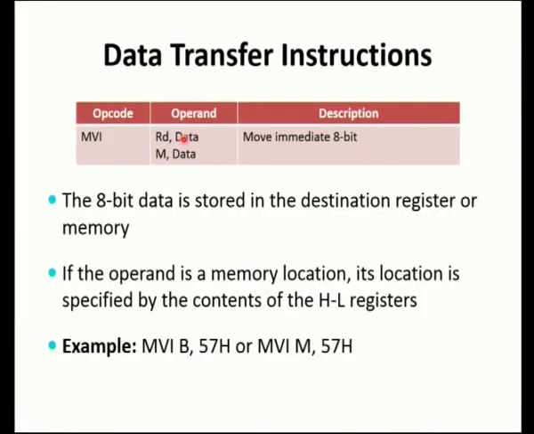So, MVI B comma 45H or MVI B comma 57H represents that the data 57 is loaded into the B register. Next one, MVI M comma 57. So, the 57 is loaded into the memory which is specified in the HL register pair.